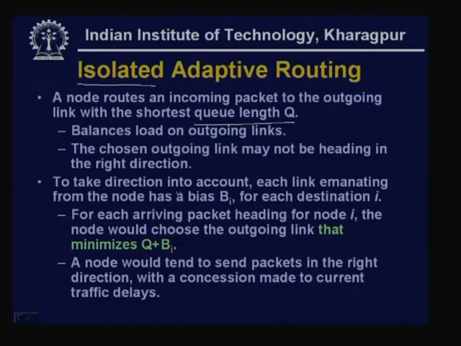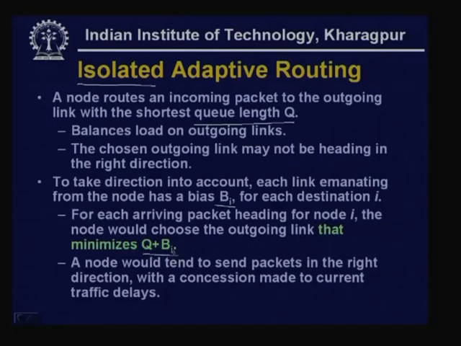To take direction into account, each link emanating from the node has a bias. So, the basic approach is modified and a bias Bi is used for each destination i. Now, for each arriving packet heading for a node i, the node would choose the outgoing link that minimizes Q plus Bi.